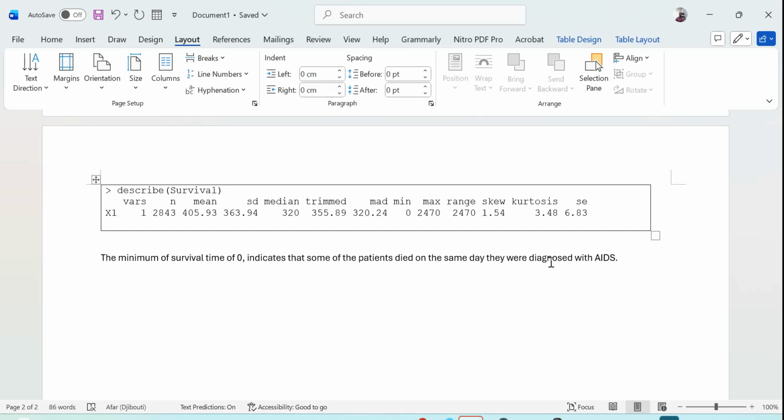Please, the mean tells us the expected number of days to survive. Yes, that's right. And then there's a median. And there's a vast difference between them. So what does it tell you about the survival times of the patients?